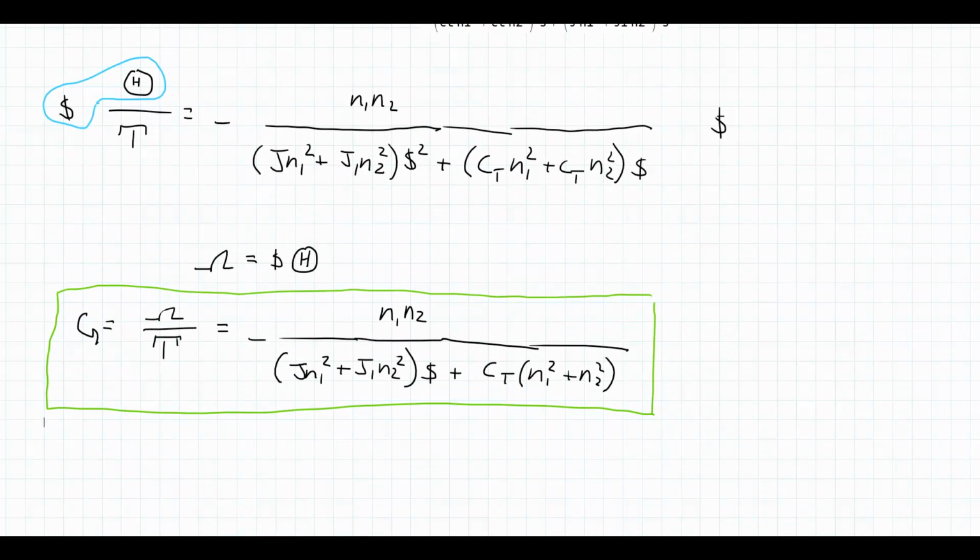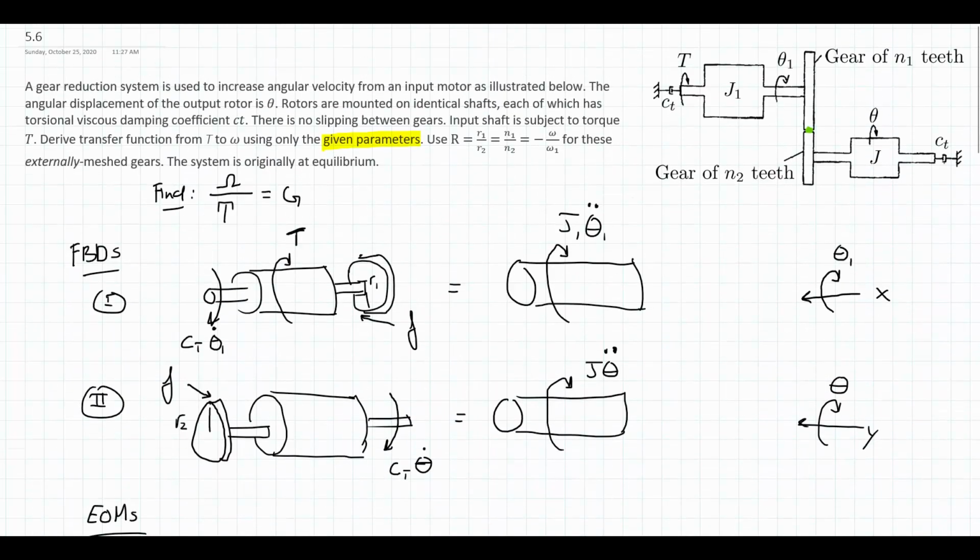And notice in this one on the right-hand side that I actually have a negative out in front, which typically we haven't been seeing based on degrees of freedom that we chose. But what this is showing us is when the torque is positive, because of that external meshing of the gears, when I apply a positive torque, it's more or less going to cause the velocity of the second rotor, the bottom rotor, to be negative or the opposite direction.